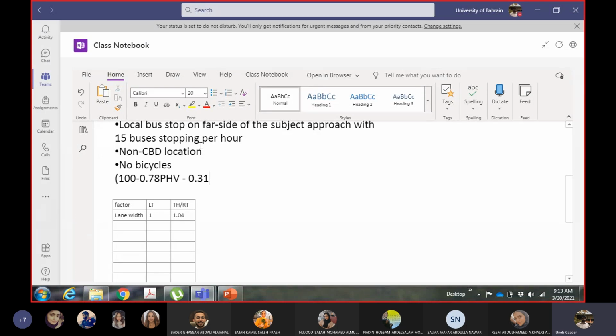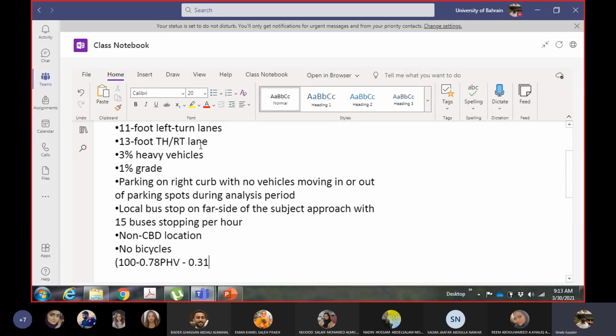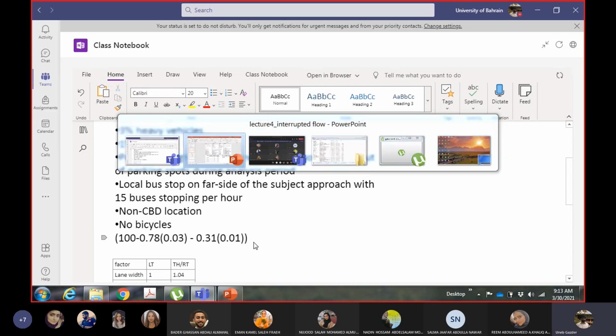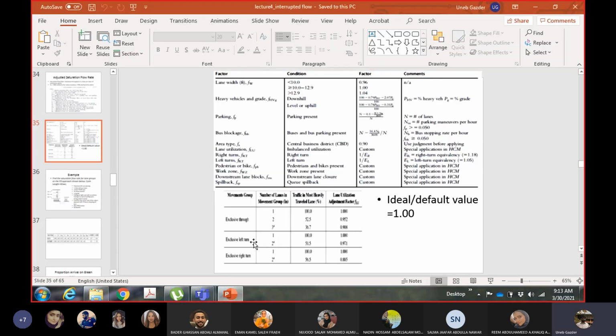Okay, percentage of heavy vehicles given. Let me put down the values directly. So it's 0.03 and the gradient is 1%, divided by 100.